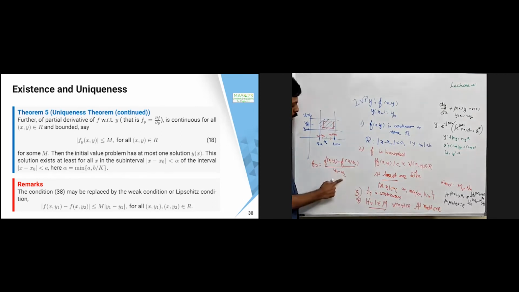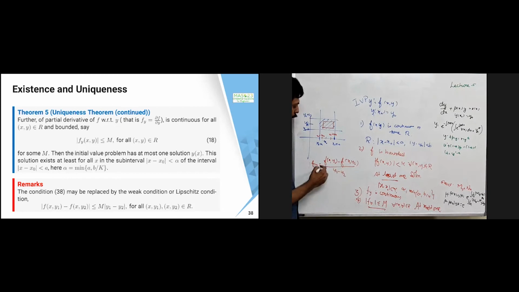When y1 approaches y2, we get the partial derivative of f with respect to y at the point y1 or y2. Now we are going to replace this condition, which is a stronger condition.